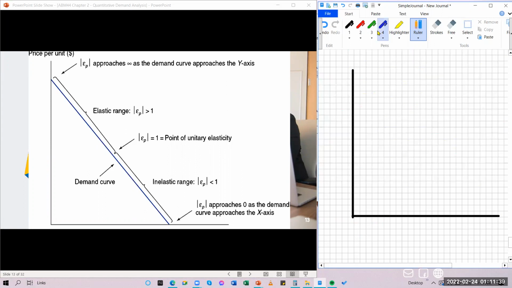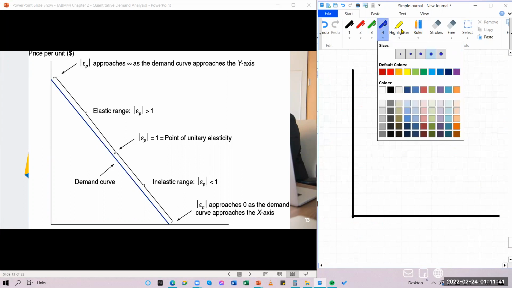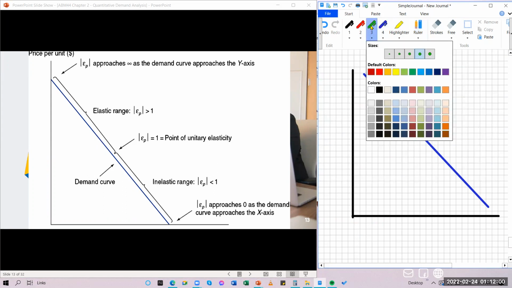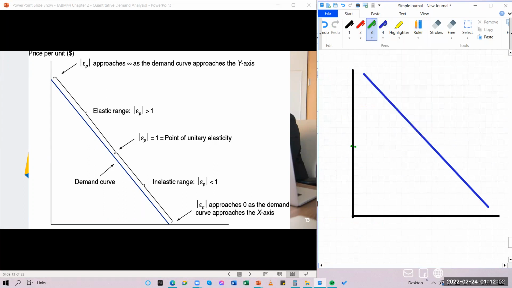Okay, so here is our curve. So we'll have the demand curve. So for example, this is our demand curve. Okay. So for the demand curve, I'll draw it over here. Okay, in a minute. So for example, this is the equilibrium.